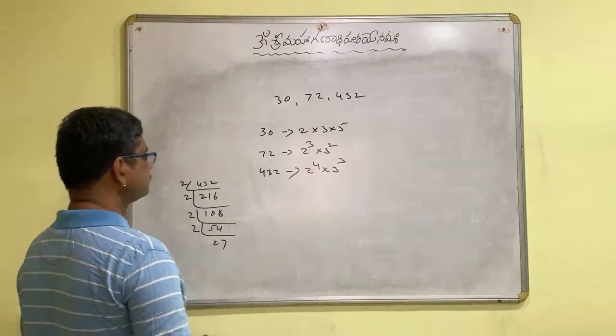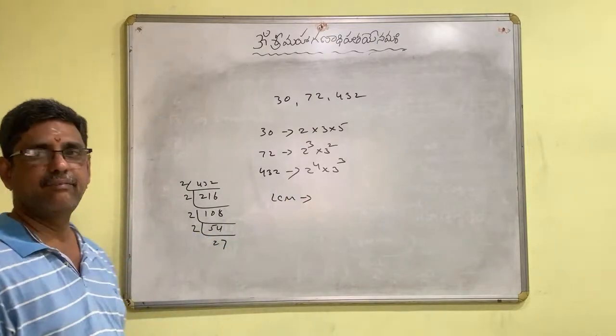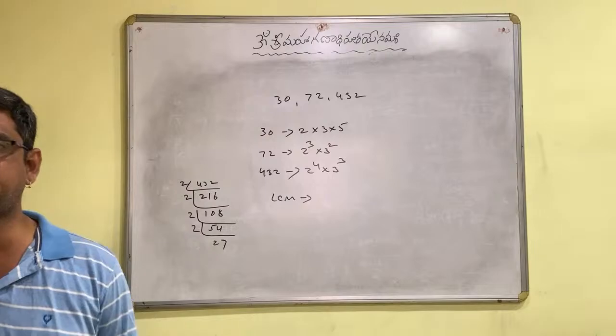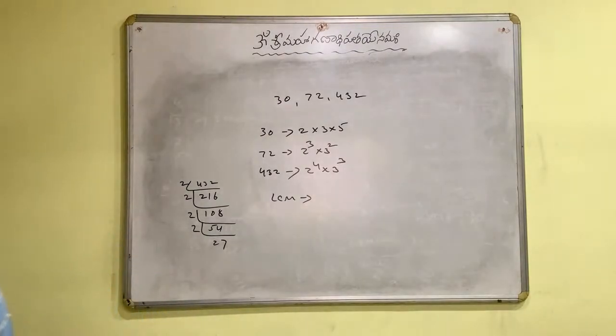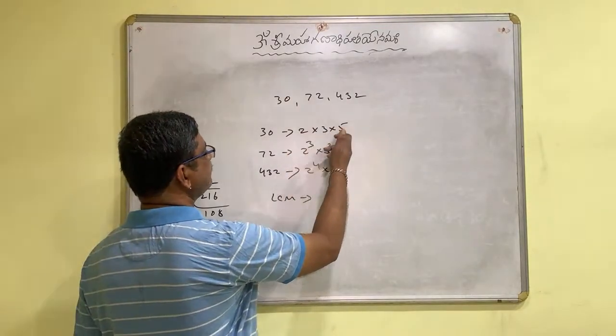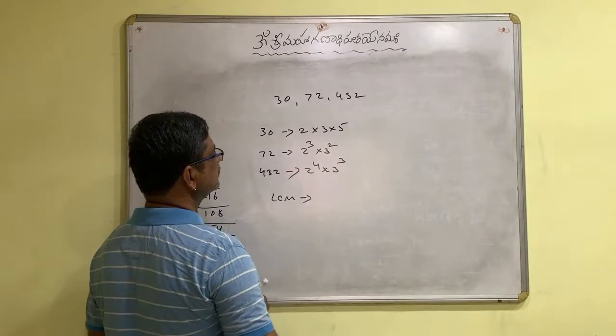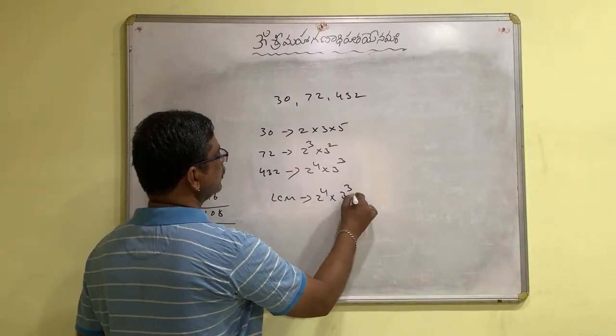Now see, LCM, I told you, is the different prime factors with the highest powers. The different prime factors are 2, 3, 5, only these three. With highest powers, that means 2 power 4, 3 cube into 5.